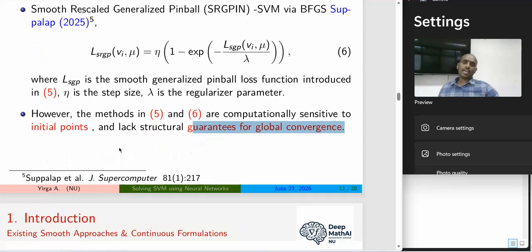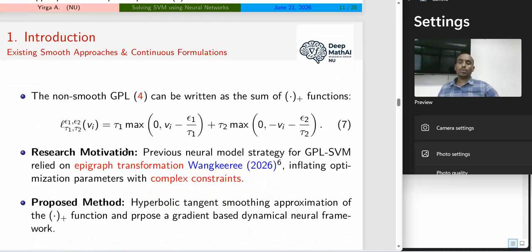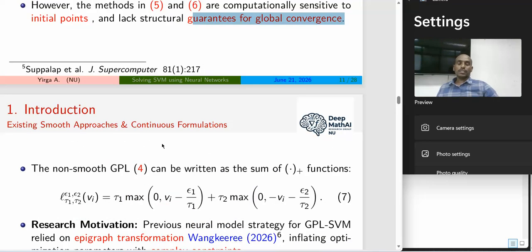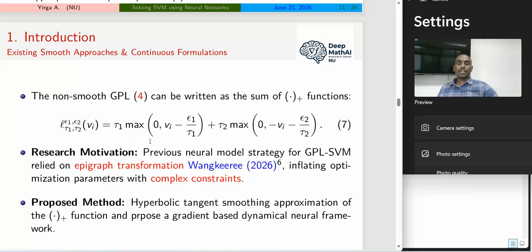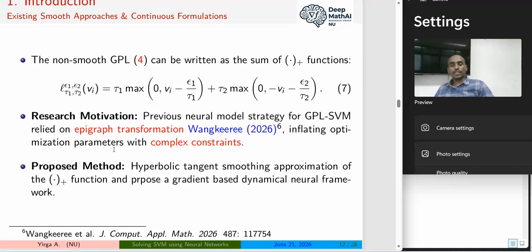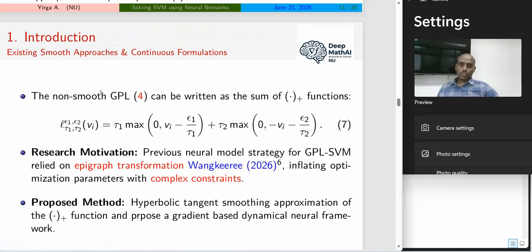So to overcome this problem, we will propose some neurodynamical methods. Before that, we use smoothing functions.